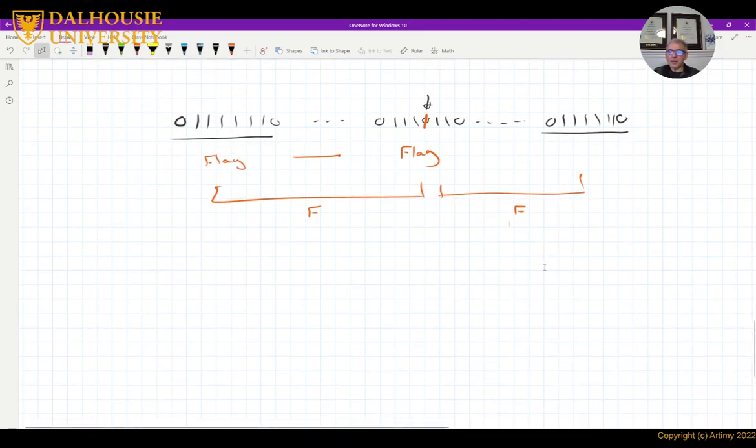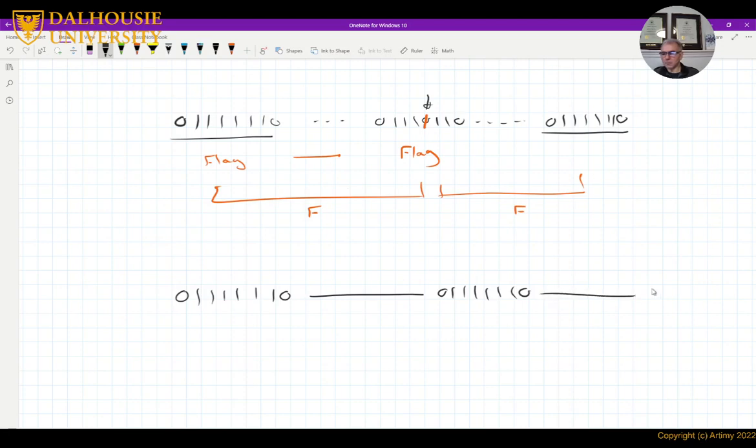The opposite scenario could happen. The opposite scenario could see 2 frames sent back to back, so these are 2 legitimate frames sent back to back. That's frame 0 and that's frame 1.